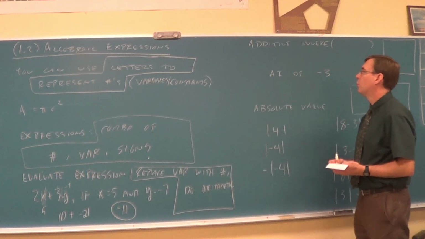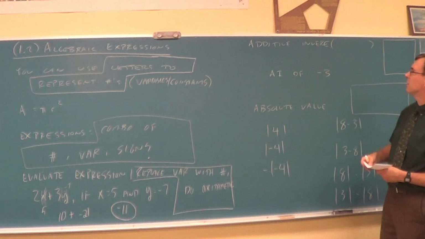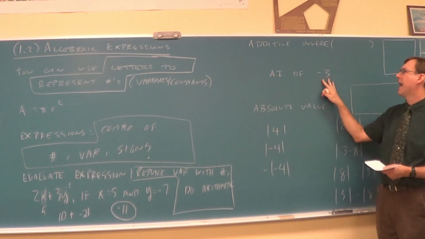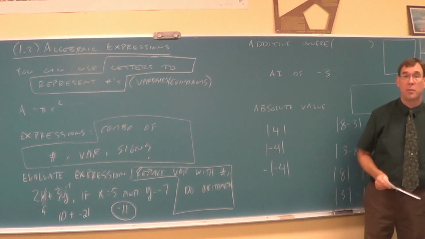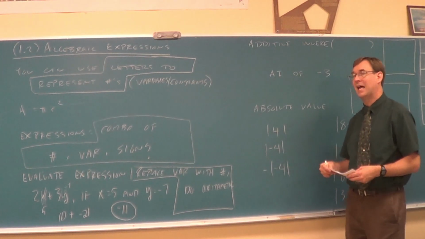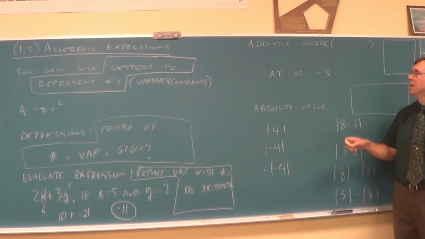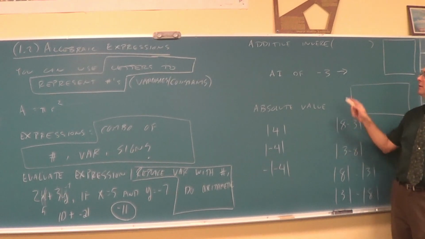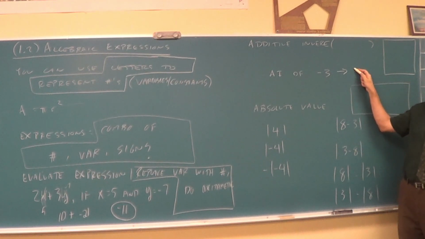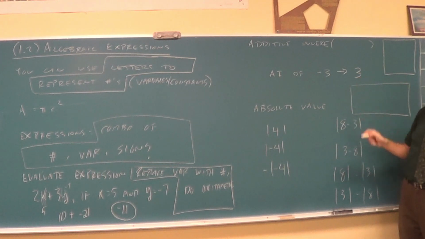Third topic, we'll ask you to do some additive inverses. So I could ask you to do the additive inverse of negative 3. Yesterday that came up. You had a property of additive inverses, and we had that conversation a little bit yesterday. If I ask you to do the additive inverse of negative 3, a thought on what that is? Positive? It is positive 3.